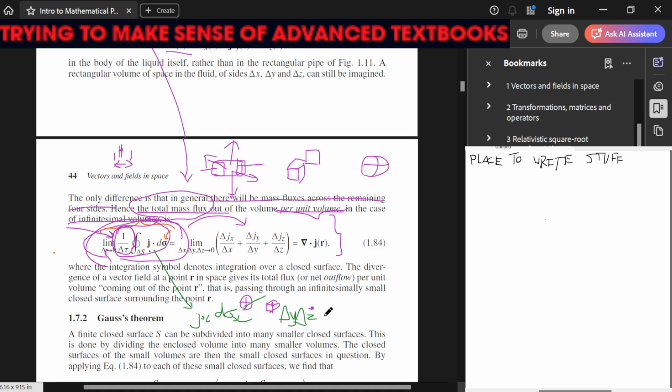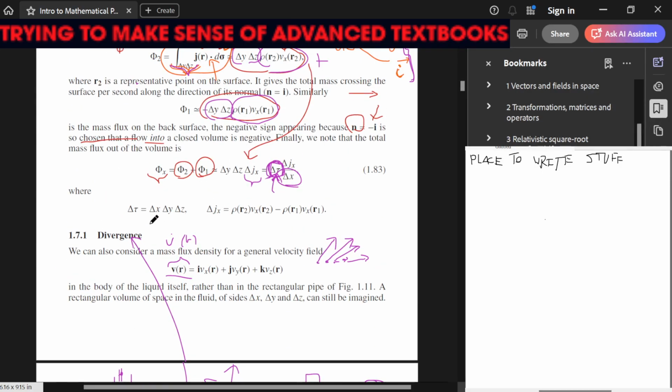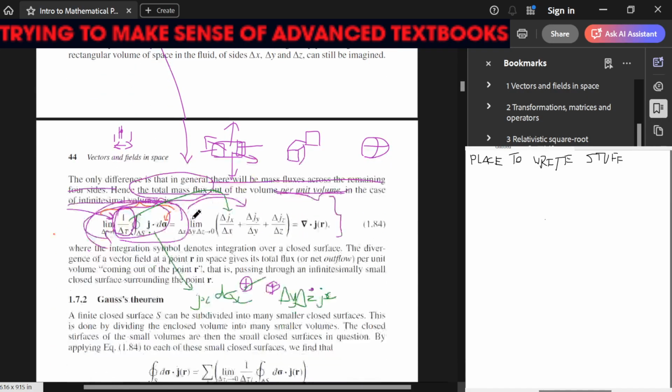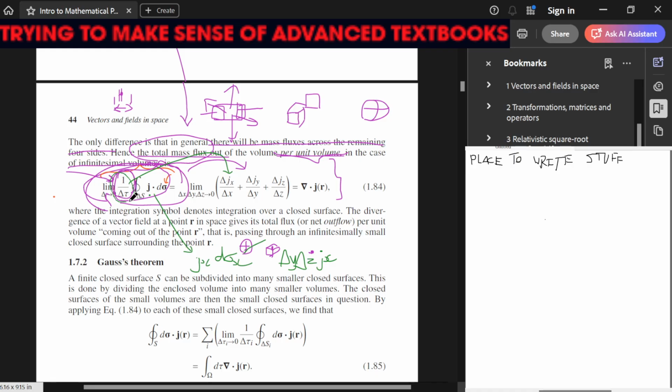So delta y delta z jx. Will we bring our buddy tau back in there? Our buddy tau. What's tau? Delta x delta y delta z. But it's 1 over delta tau, so it's 1 over delta x delta y delta z.